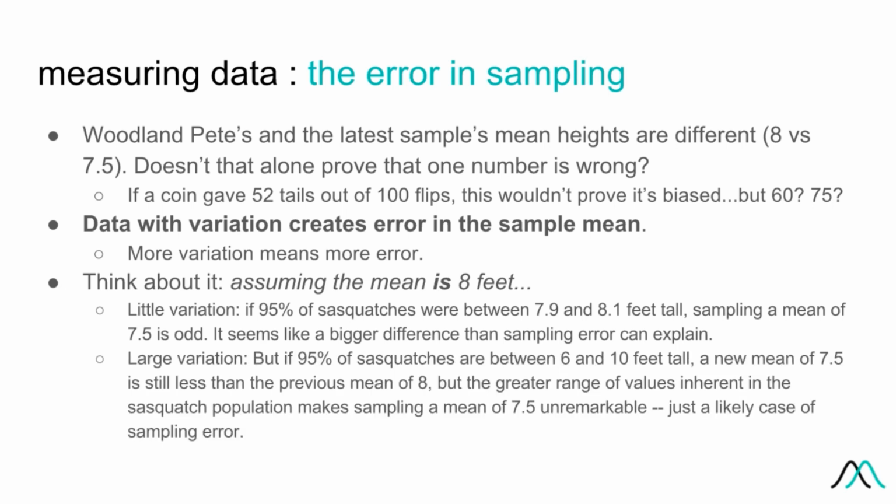On the other hand, in a case with large variation in heights, say 95% of Sasquatches are between 6 and 10 feet tall, the mean is still 8, but observing a sample mean of 7.5 is not odd. It's the same difference, but the greater range of values inherent in the Sasquatch population makes sampling a mean of 7.5 unremarkable. In this case, it's just more likely sampling error is responsible for the difference.